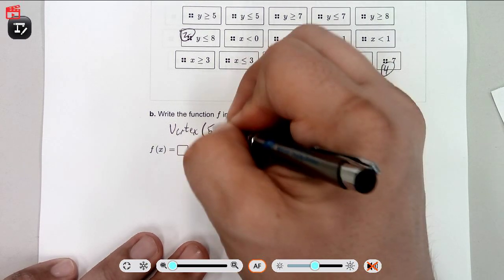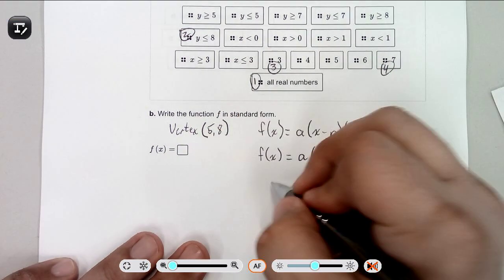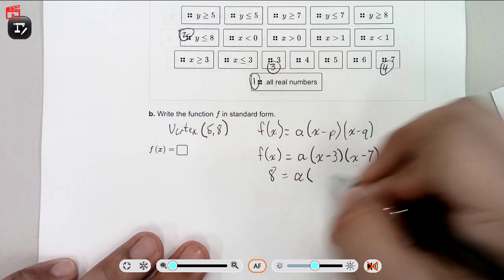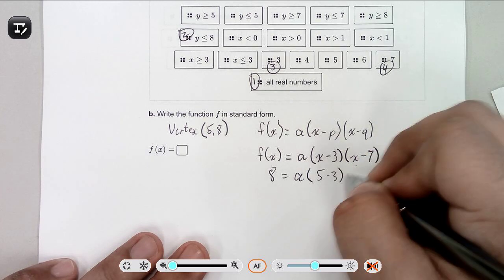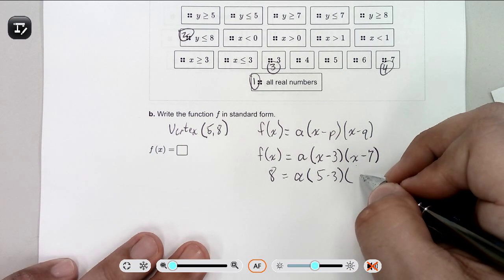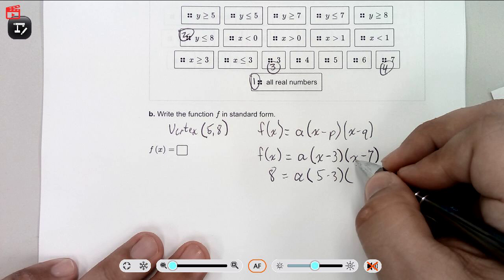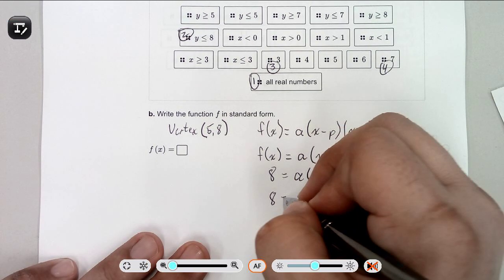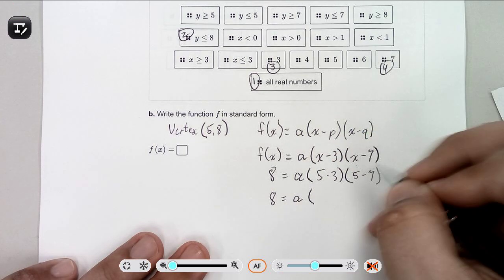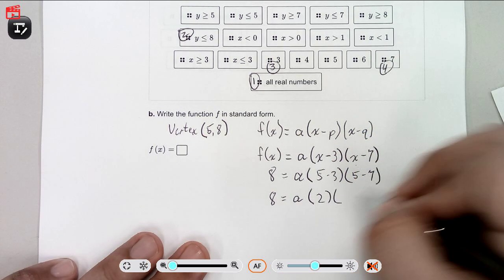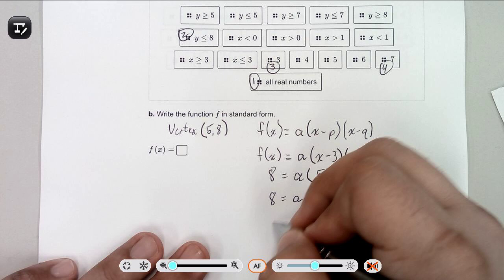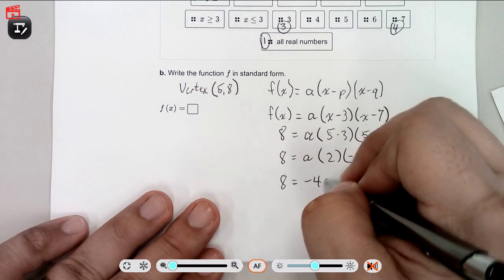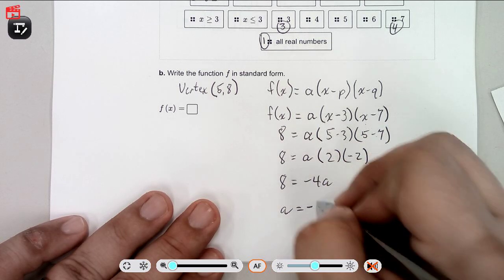So the vertex is at 5, 8. So this is 8 equals a times 5 minus 3, and 5 minus 7. 8 equals a. 5 minus 3 is 2, negative 2. So 8 equals negative 4a, a equals negative 2.